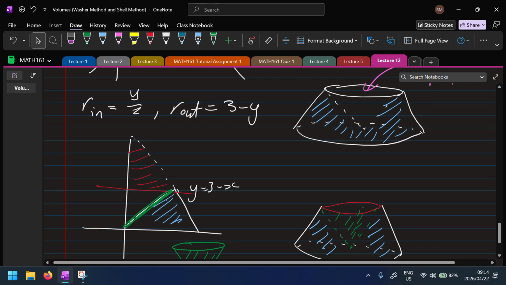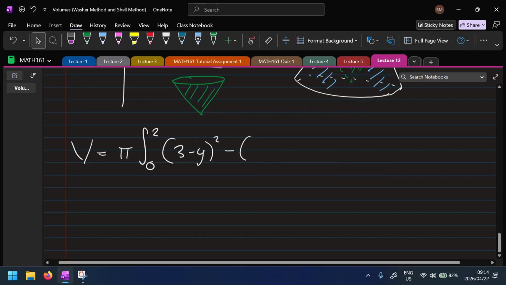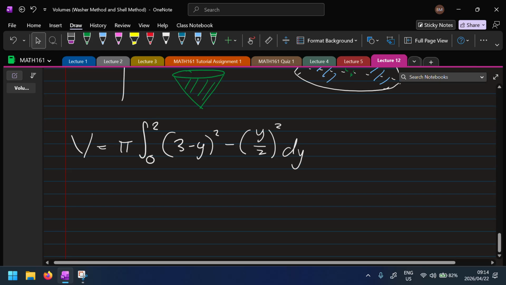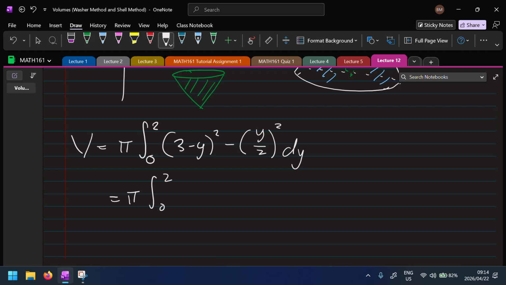Inner radius, y over 2. Squared dy. So this will be pi, integral from 0 to 2. Let's expand this out. So we get 9 minus 6y plus y squared minus y squared over 4.